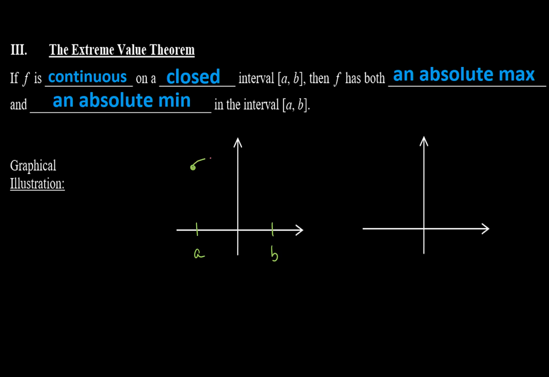Imagine I've got some function in there. I could find an absolute max in there, and I can also find an absolute min in there, and in this case my absolute min happens to be the exact same as that little endpoint.